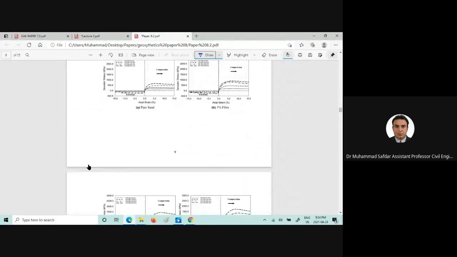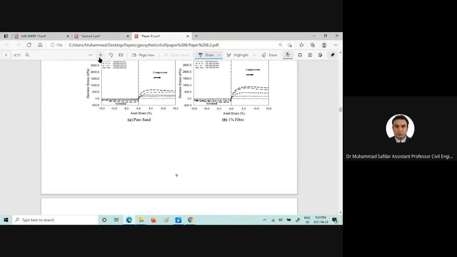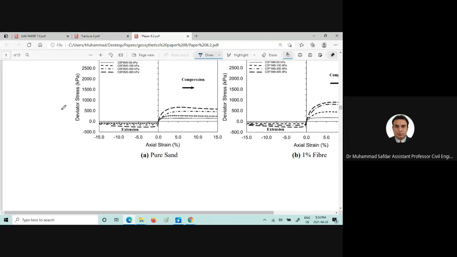These are the tests which I performed at Western University, and those are the tests with different confining pressures, for example, 50, 100, 200, 400 kilopascal, and these are the compressive behavior.